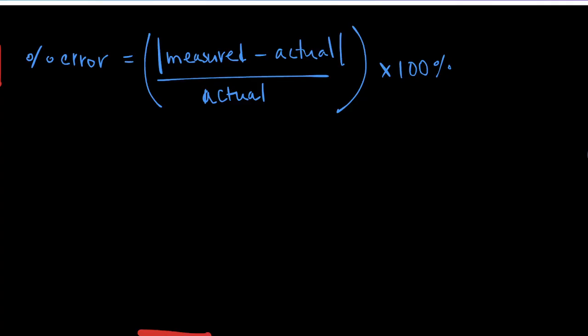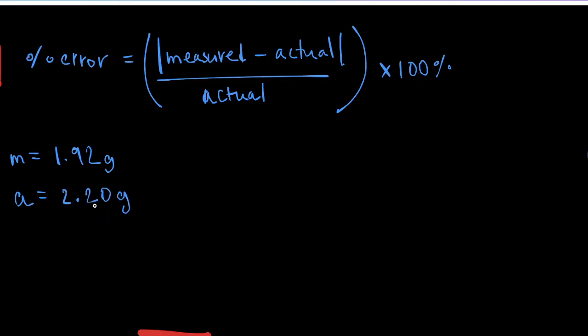Based on the wording, the student produces 1.92 grams of copper, which means that 1.92 is going to be our measured. Our actual was given in the theoretical yield. The theoretical yield is 2.2 grams, and so that theoretical value is going to be the actual, right?